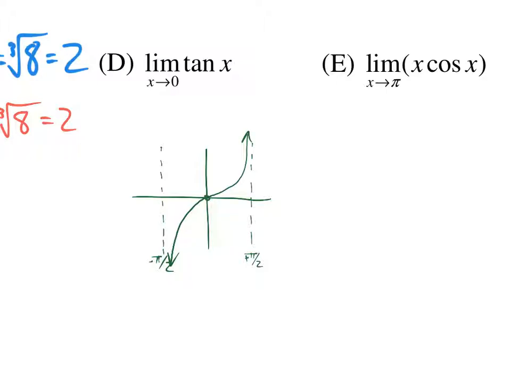Okay? Well, that's continuous right around the origin there, right around 0. So as x approaches 0, I can simply evaluate tangent of 0, and tangent of 0 is 0. Okay? So there's my solution for that limit.